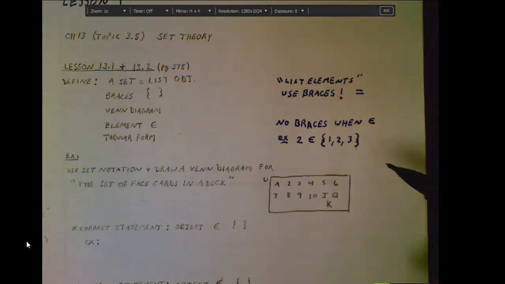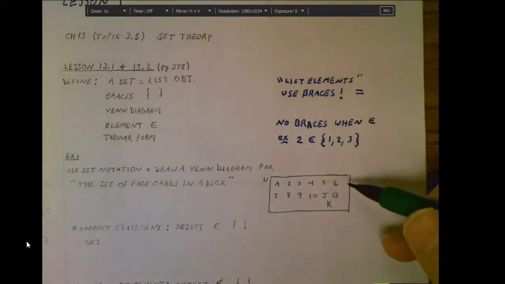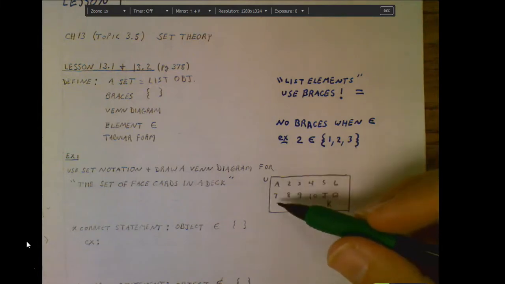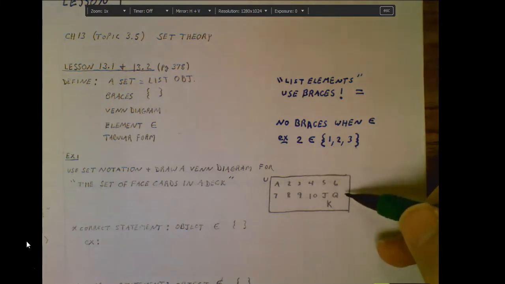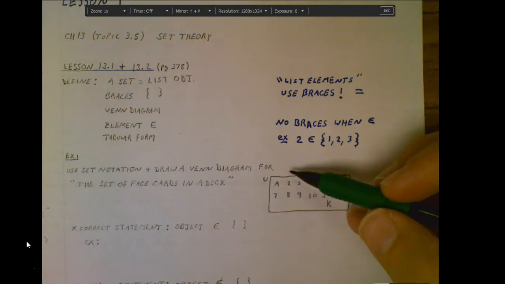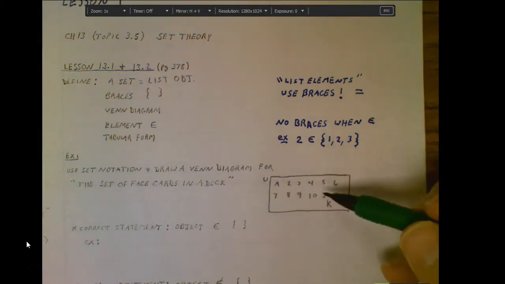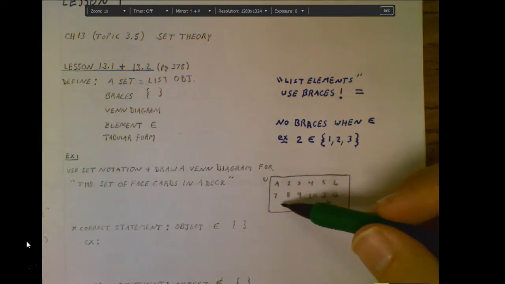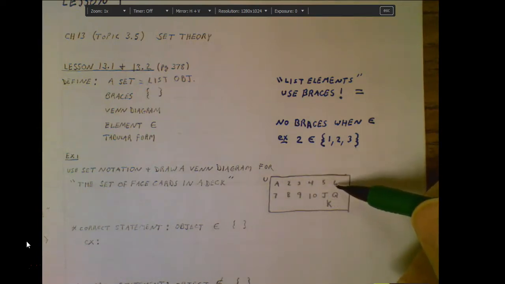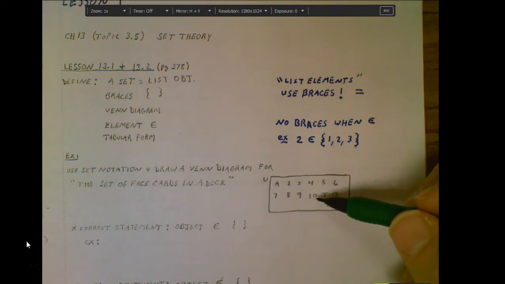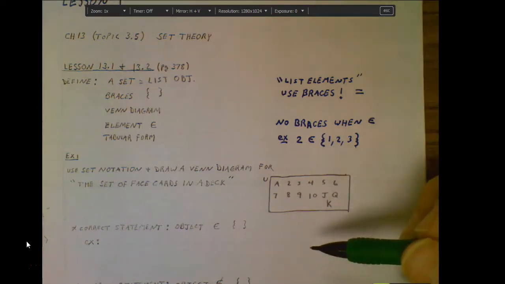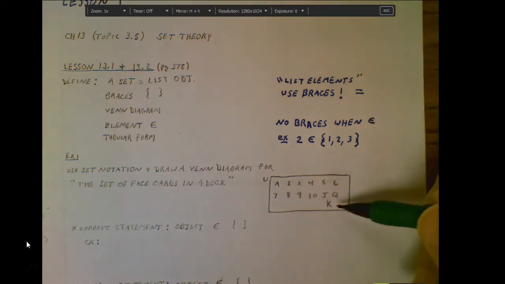If you see this rectangle right here, this represents the entire deck of cards. U is for universal set. When you talk about a deck of cards, everything in that universe are these elements right here, so that's every possible value for the deck of cards.